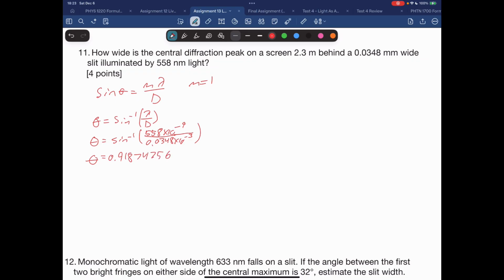0.918747556 degrees. And for the width, we get 2L tan theta is our formula.